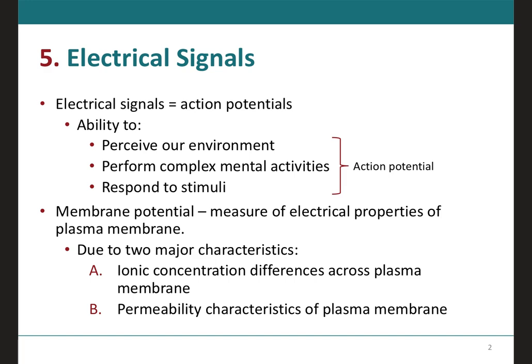With regards to the electrical signals, they're going to be produced by the nervous system, and they're going to be called action potentials. Therefore, electrical signals is the same thing as action potentials. Our ability to perceive our environment, to be aware of our environment, perform complex mental activities, and also to respond to the stimulus depends on these action potentials.